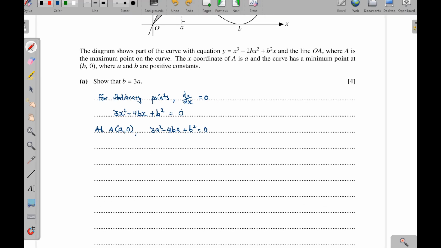So our a is going to be equal to minus b, where b is the coefficient of a here, that is minus 4b, plus or minus the root of b squared, that will be minus 4b, squared, minus 4 times a, which is the coefficient of a squared here, which is 3, and then our c is b squared. Then we divide by 2 times a, which is the 3 here.